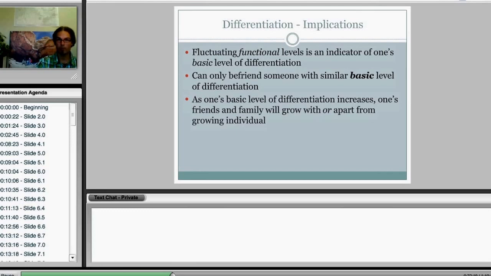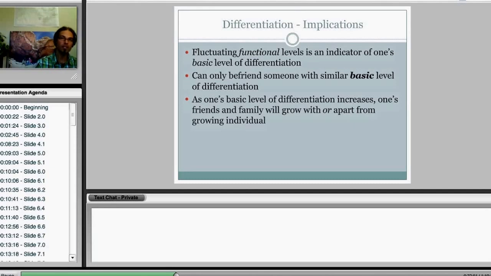This is also important, and this is one of the reasons that I am excited to be the Director of Family Services here at Open Sky: as one's basic level of differentiation increases, one's friends and family must grow together, grow with that person, or they will grow apart. It's a similar way, or a different way, to say the point that was just above this, that in a family, everybody meets each other's needs, and people are comfortable meeting each other's needs.